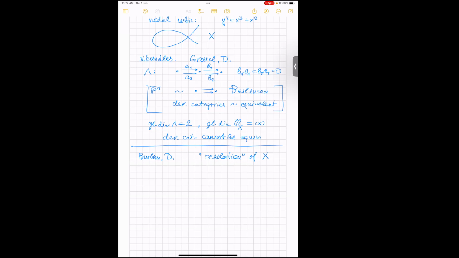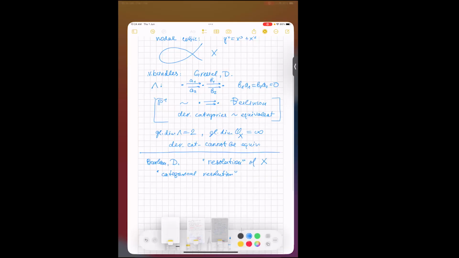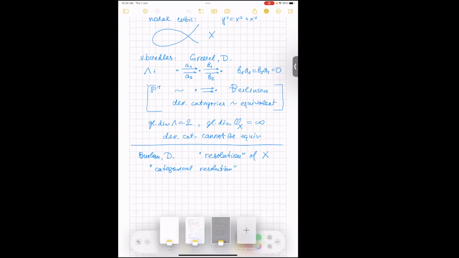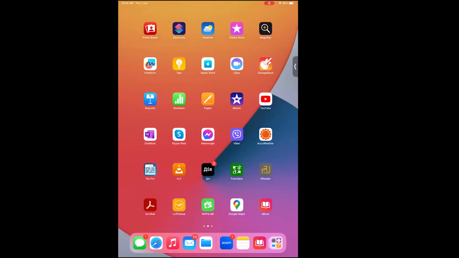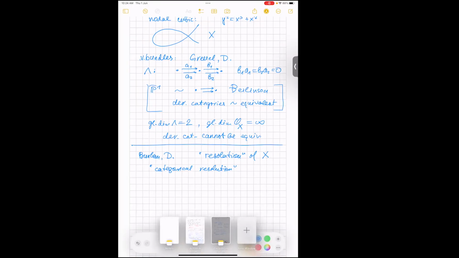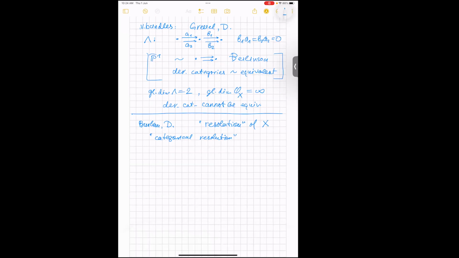By this time, there were known several categorical resolutions of singular curves, but all of them had one important gap.